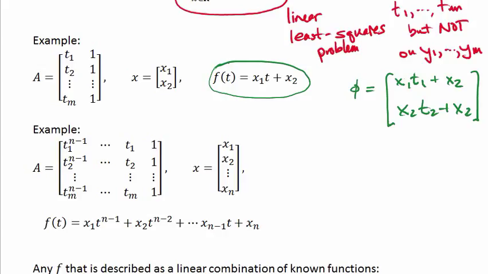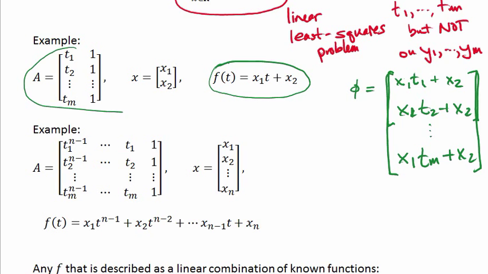I shouldn't have stopped at 2. So that should continue down to x1 tm plus x2. So remember, phi is the value of f at all the different t1 through tm. Okay, and that vector we can write in the form of A times x, where A and x are defined here, right? So we simply have a linear combination of those two columns of A.